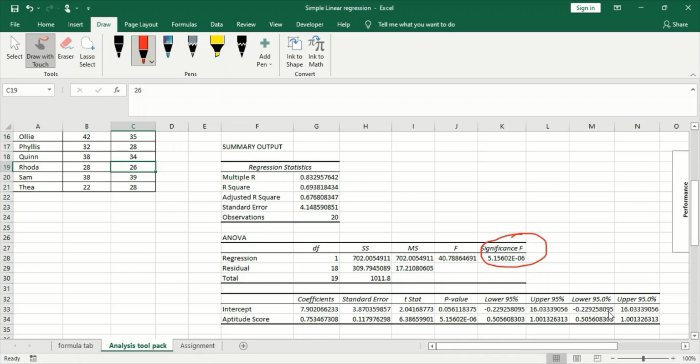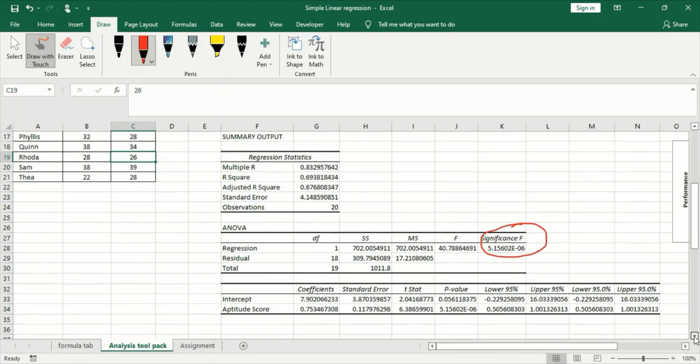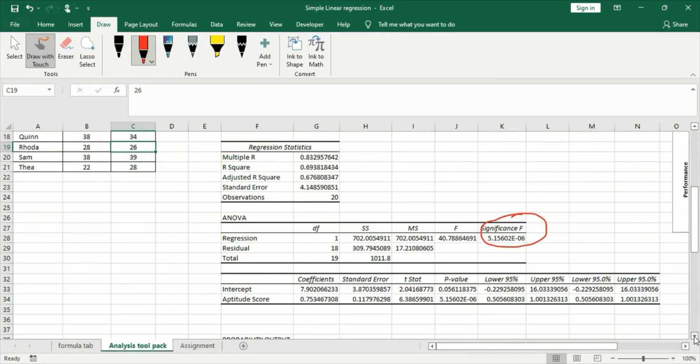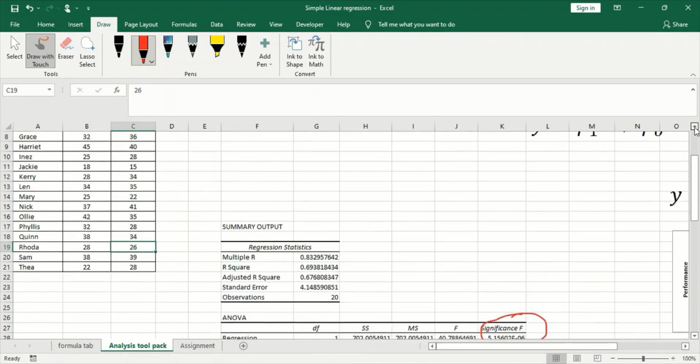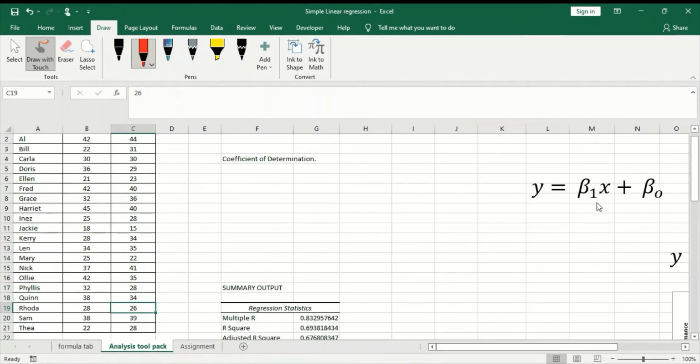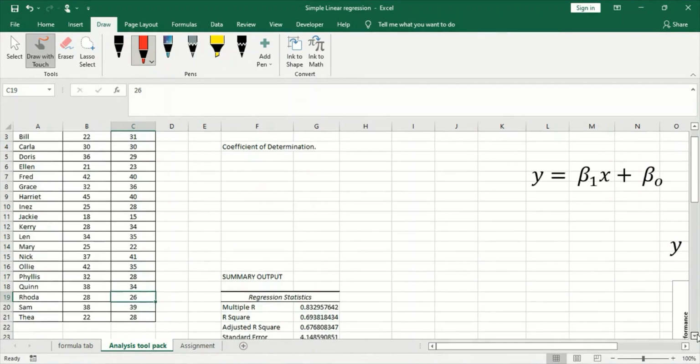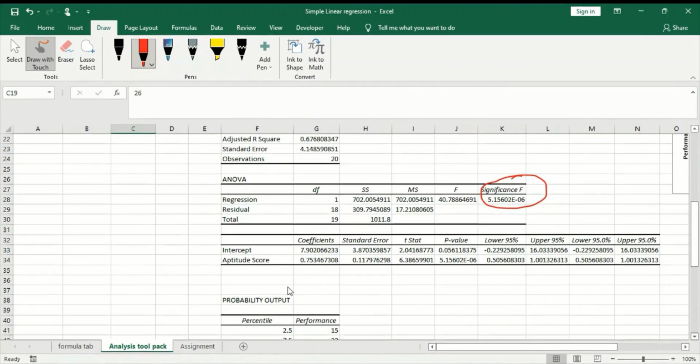That's one. Now the next thing: the whole regression line is significant, but the regression line is made up of two main parameters, our B0 and our B1. So let's check, is this B0 significant and is this B1 significant? This B1 is the aptitude score, right?